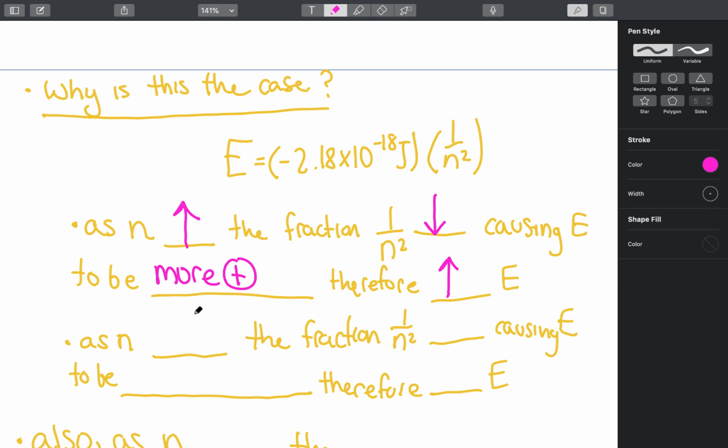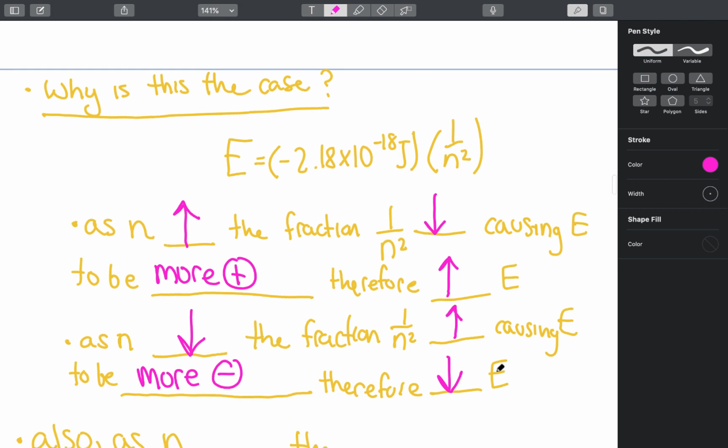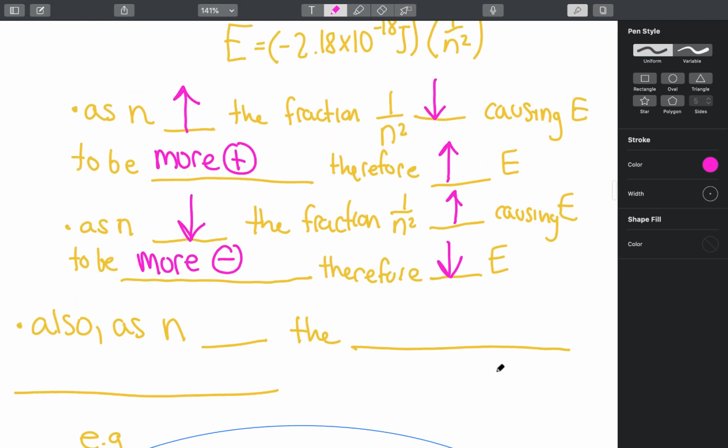And as n decreases, the fraction 1 over n squared increases, causing energy to be more negative, therefore causing energy to decrease. So that's just the written form of what I just said.